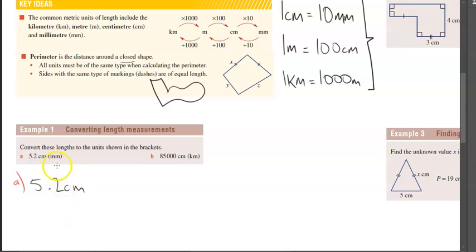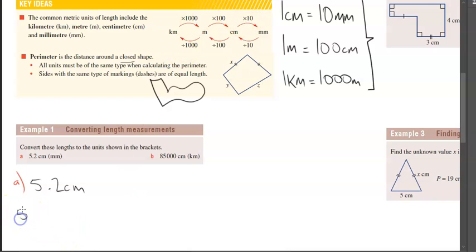In order to change this into millimeters, we need to first look at our little conversion chart. We're going to see where we're starting from. In this case, the centimeters, and we're going to convert to millimeters. So we're going to the right of centimeters. We're then going to follow the action that tells us what we need to do to get from centimeters to the required endpoint, which is millimeters, and this is timesing it or multiplying it by 10.